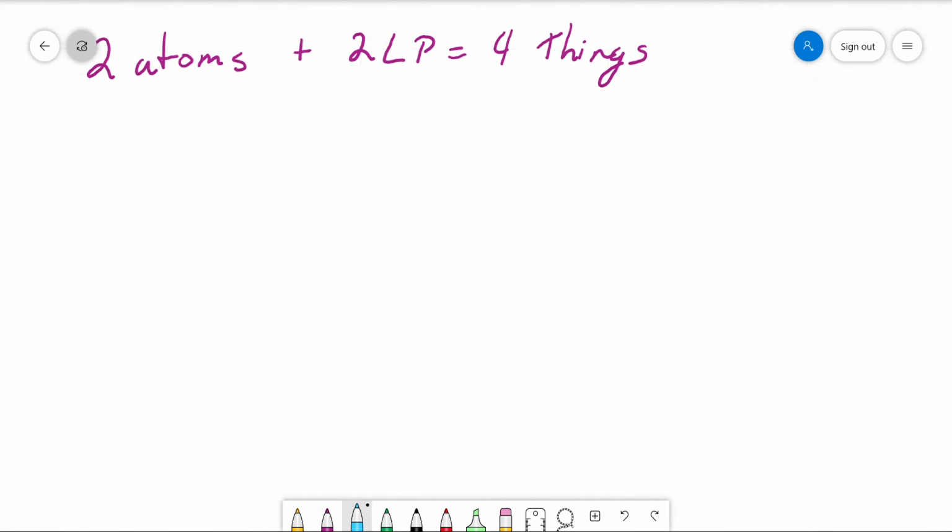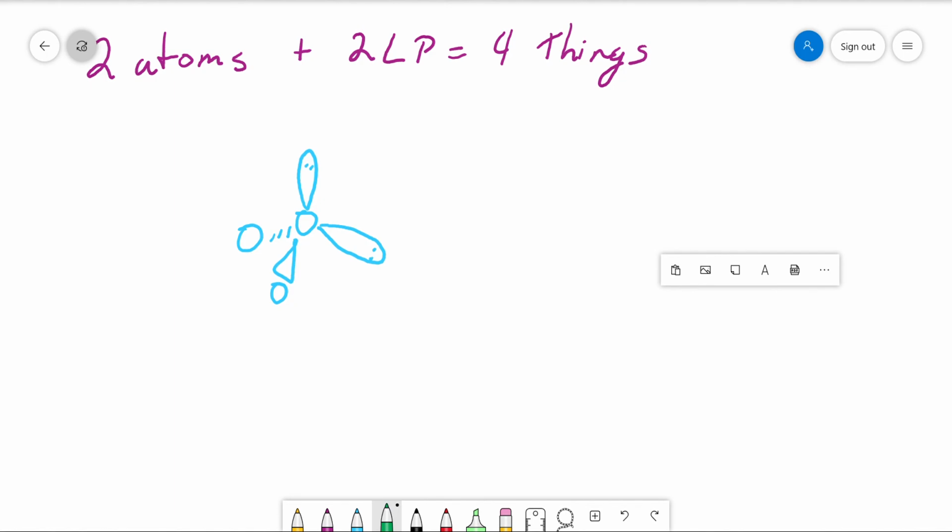Okay, so here we have a lone pair, another lone pair, atom, and atom. Doesn't really matter how you want to draw them. Again, those are atoms, they're not all oxygens. And a very common molecule with this shape is water. Okay, and what shape is that?